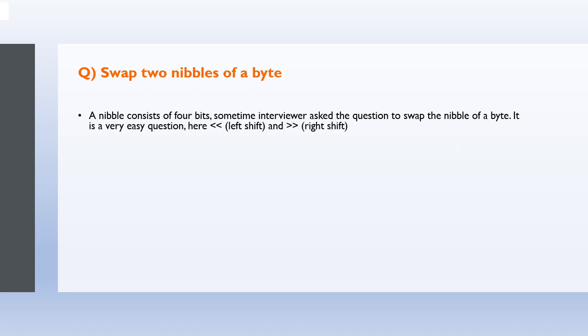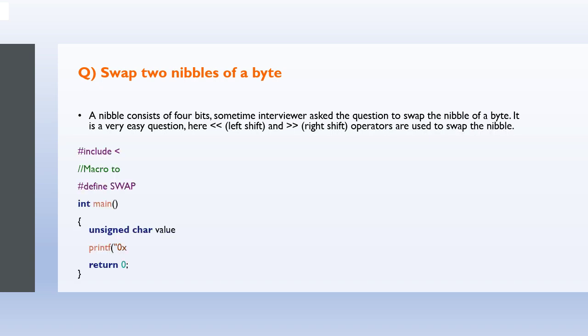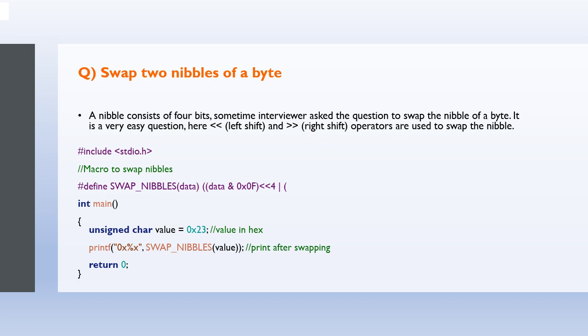So we'll have a macro to swap nibbles: #define SWAP_NIBBLES(data) ((data & 0x0F) << 4 | (data & 0xF0) >> 4). This simply swaps the nibbles, as simple as that.